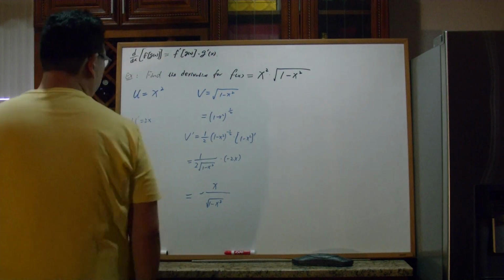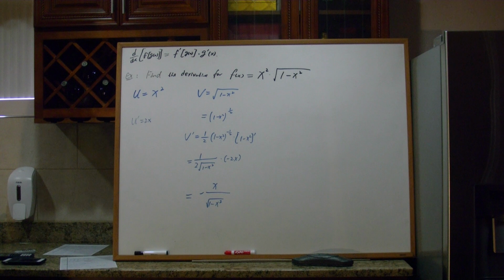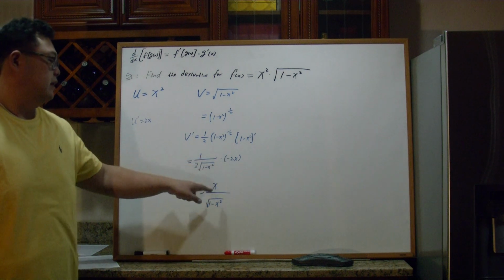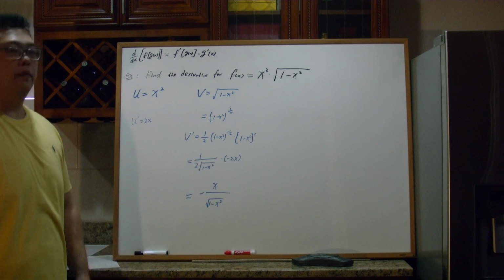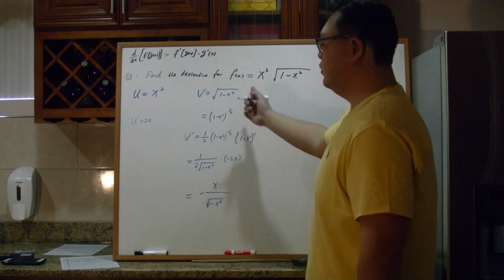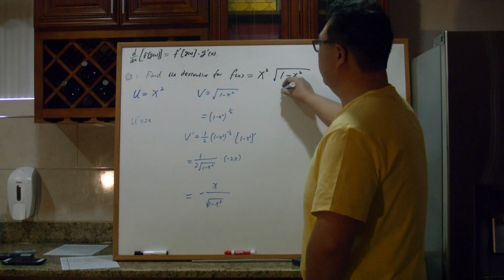So we get v prime to be negative x over the square root of 1 minus x squared. The 2 and negative 2 cancel, only the negative sign is left, the x is left over on the numerator, and we have the square root on the denominator. So that's all u, v, u prime and v prime.